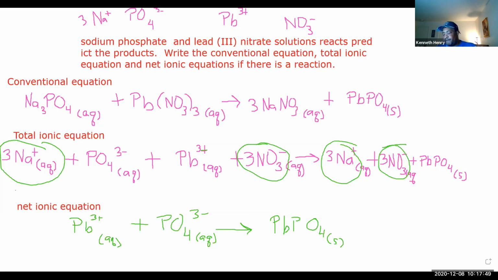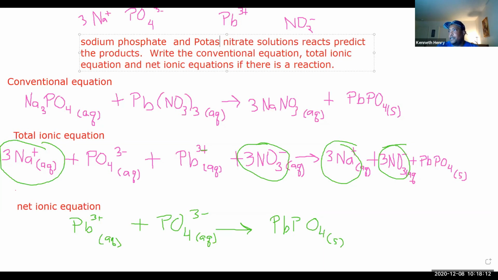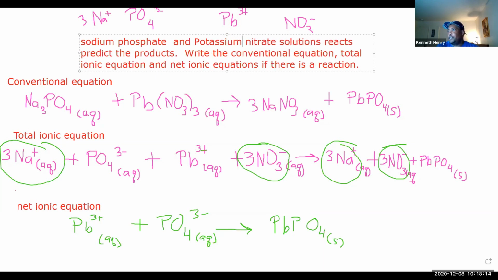Let's say we have this guy. So instead of lead 3, let me get my annotate on. So we have sodium phosphate instead of lead 3, we have potassium nitrate.